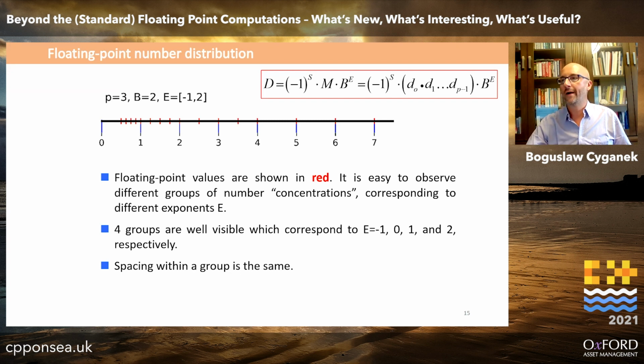Certainly 0 can be set to 0, but with this sign magnitude we actually have 2 zeros, but we have problems with values close to 0, as is visible in this plot.